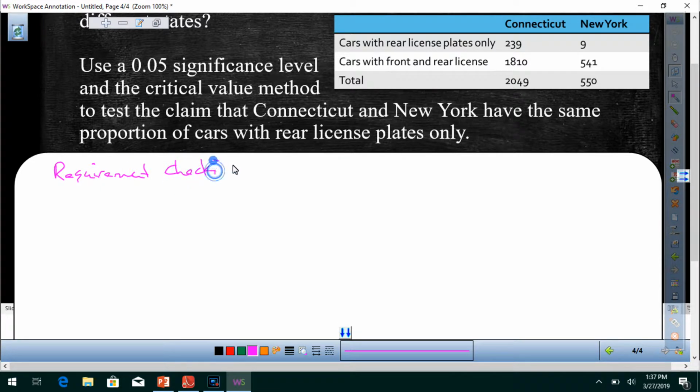Check. And that was okay. We're kind of trusting the author. One, we did this already. It doesn't change. Two, P sub 1 is not equal to P sub 2. 3, the null hypothesis, P sub 1 equals P sub 2.